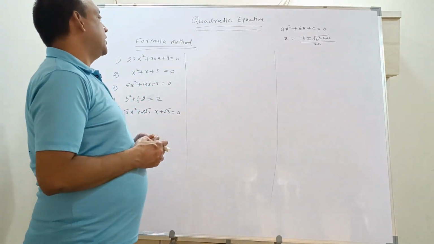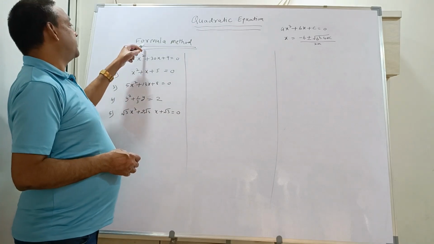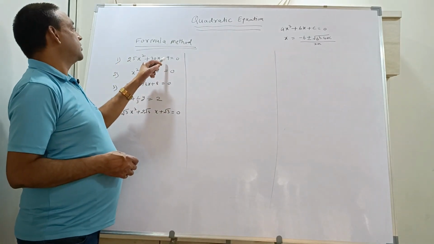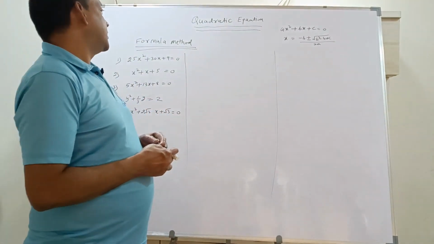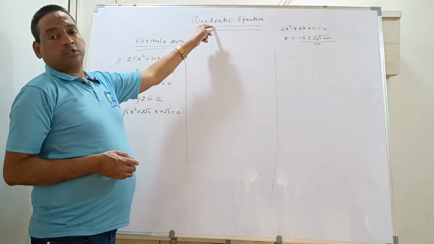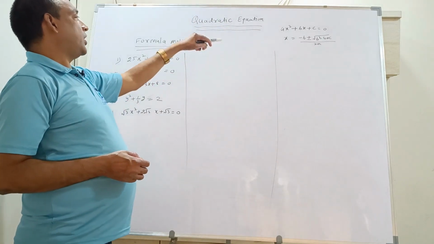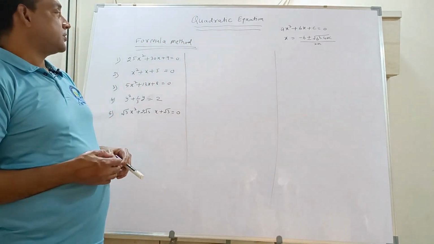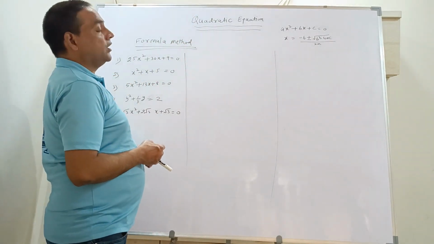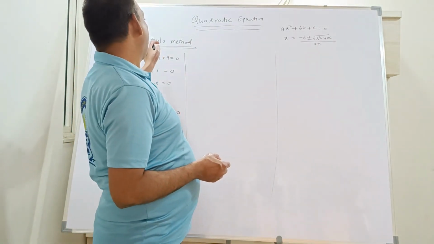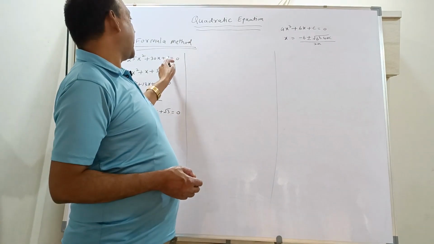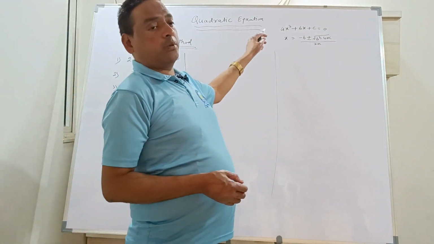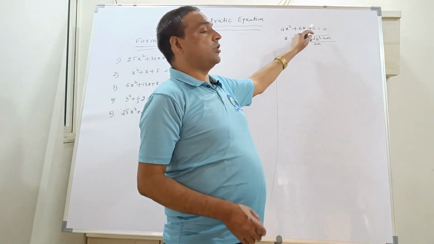Now here we'll be studying, if they ask you any sum, solve by using the formula method. As we discussed earlier, we can solve a quadratic equation by using factorization, completing the square or the formula method. We already discussed factorization and completing the square, now the formula method. It is very simple. We first write whatever equation is given in the form ax square plus bx plus c equal to 0.